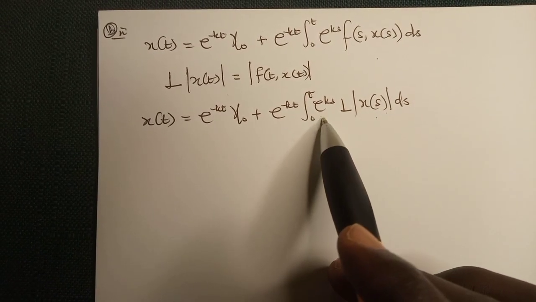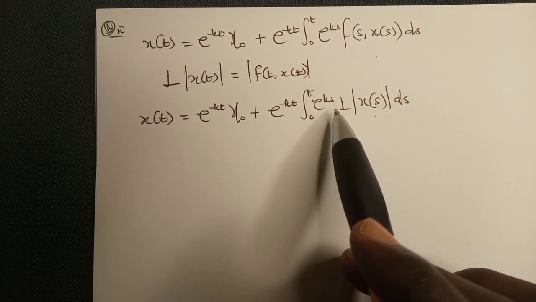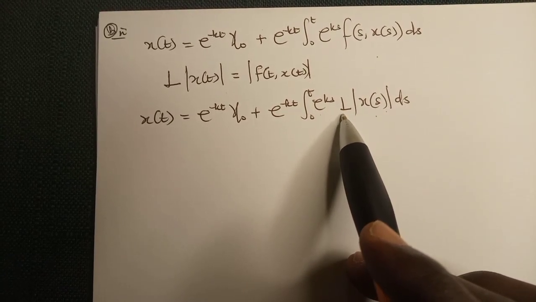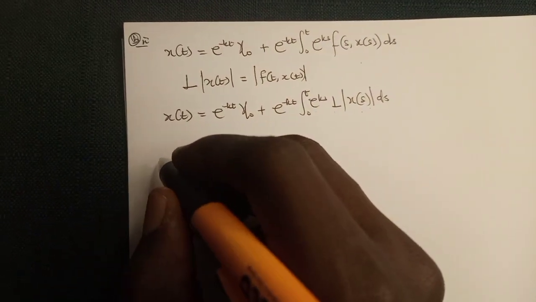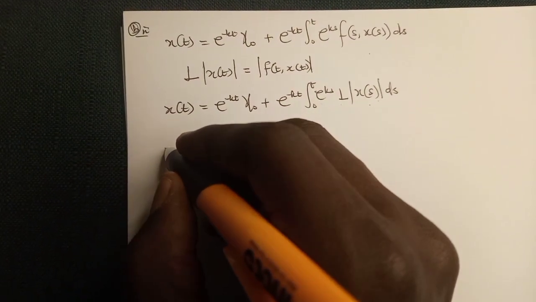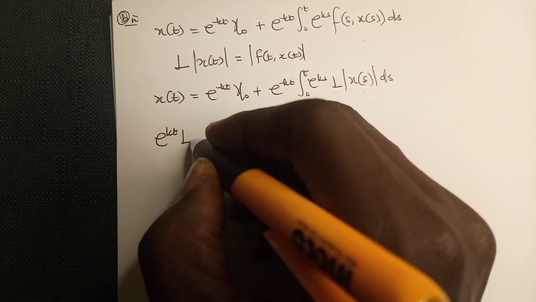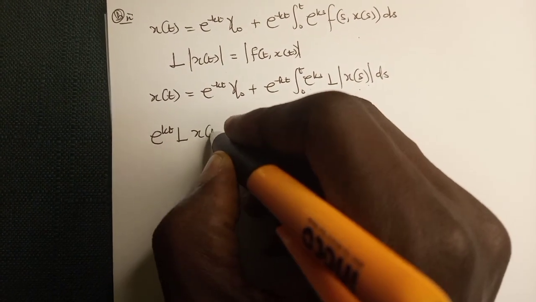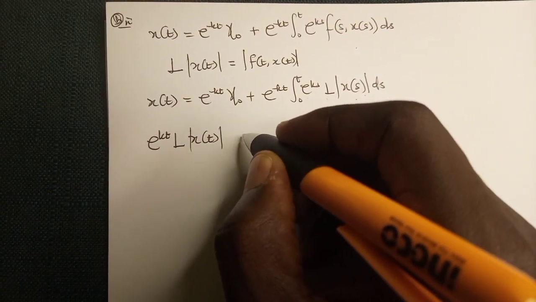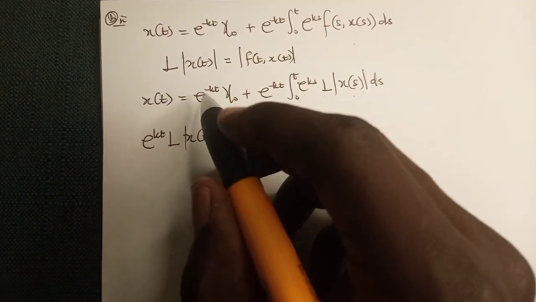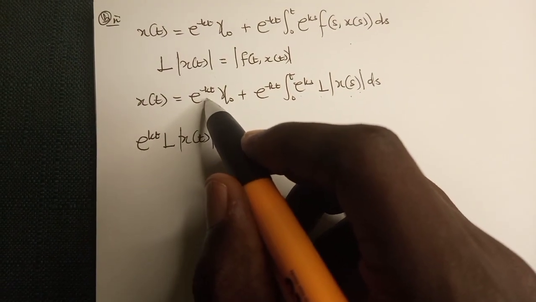So we multiply through by e to the ks L. So we're having e to the kt L x(t) equals, when you use the e to the kt, this becomes 1.